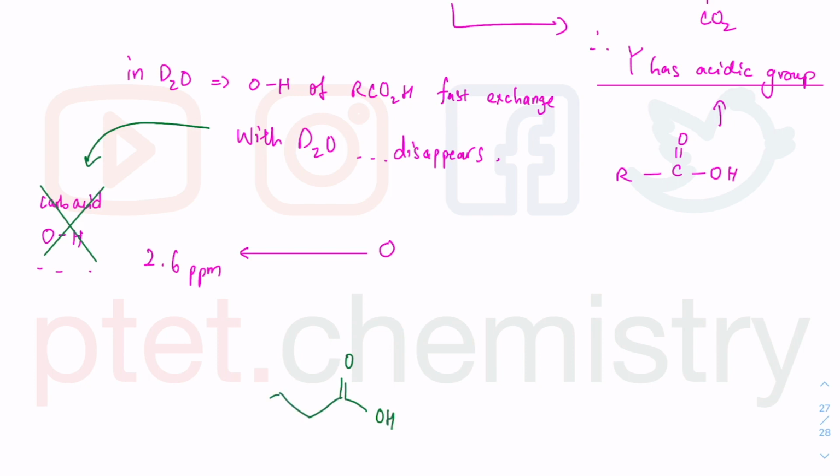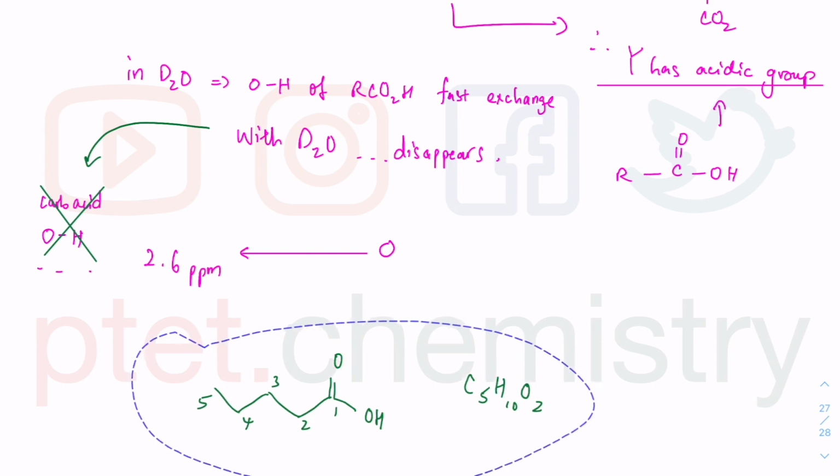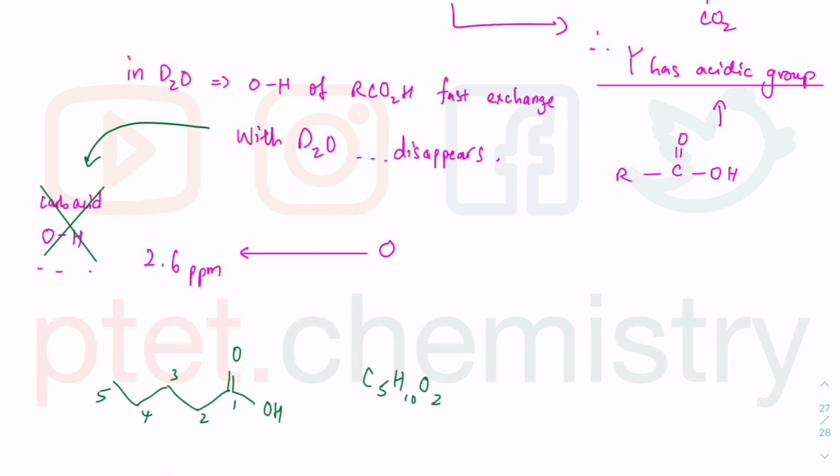How about if it is a straight chain? So if it is 1, 2, 3, 4, 5, so there's C5H, 3 hydrogens, 4, 5, 6, 7, 8, 9, 10, C5H10O2. You've got to think about all the possible isomers of it.